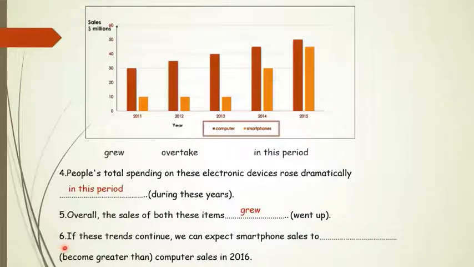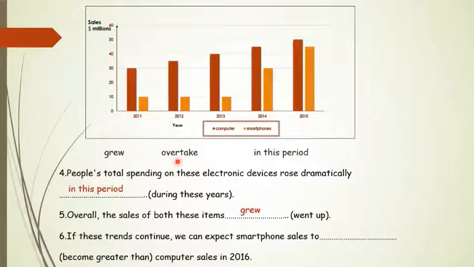If these trends continue, we can expect smartphone sales to become greater than computer sales in 2016. So you have to find a word for this. Become greater than, it is overtake.